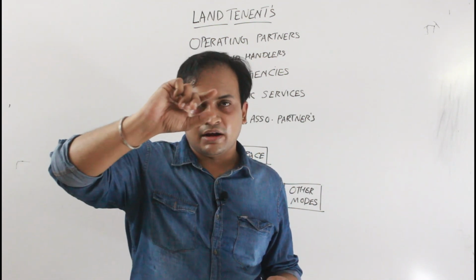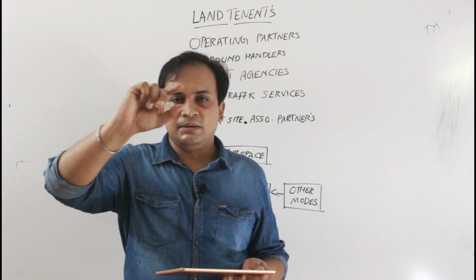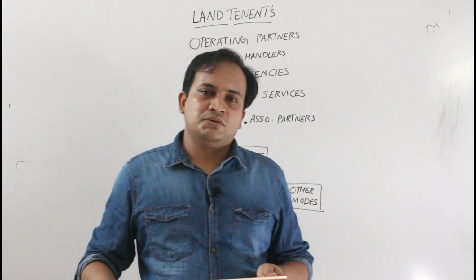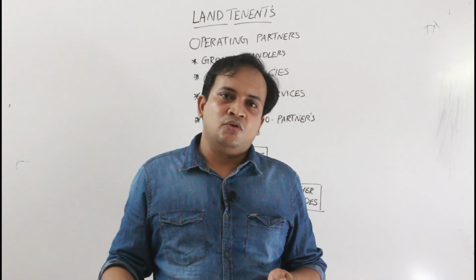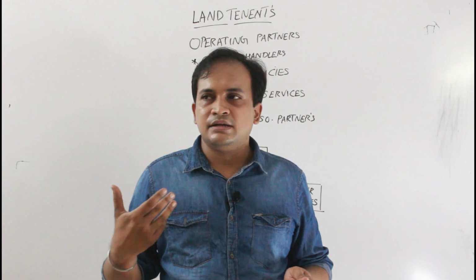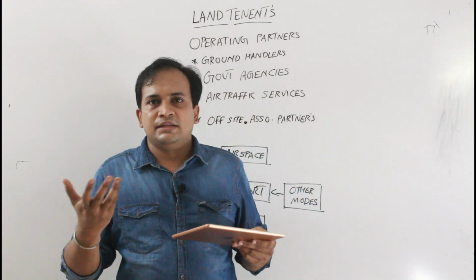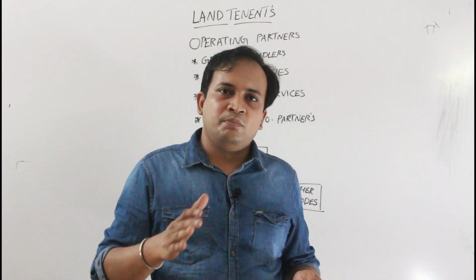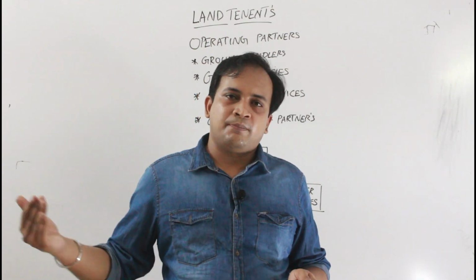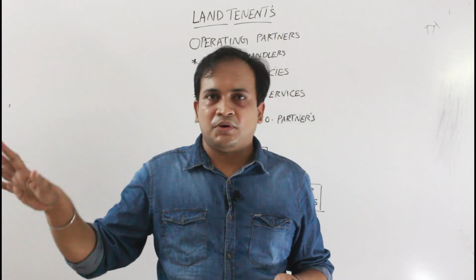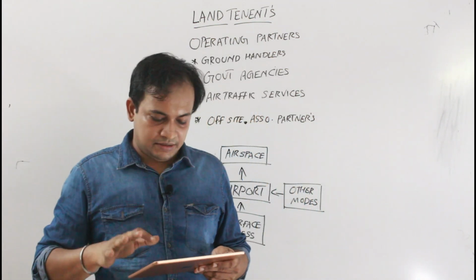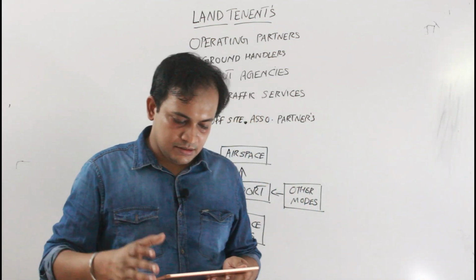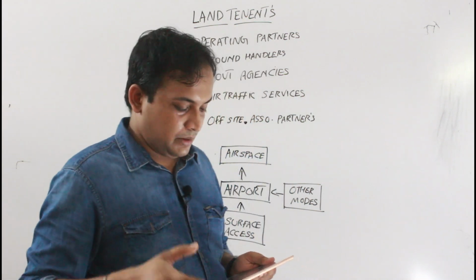It shows the correct flight number, the departure time, the arrival time, and all those things. It is actually controlled by the IT department. It needn't be controlled by the people whom the airport has appointed, but could be a private agency which the airport appoints and gives this responsibility. So it goes like that. These are the operating partners I am talking about.